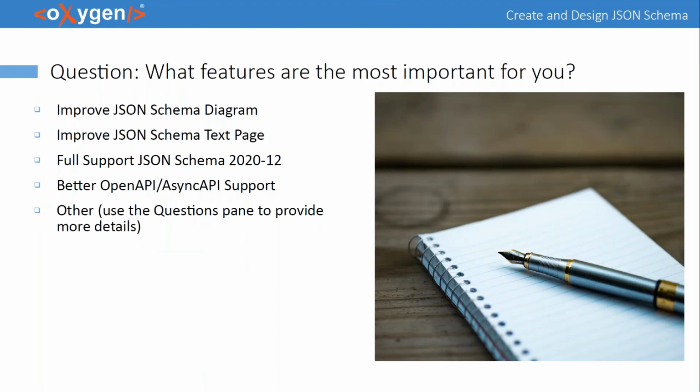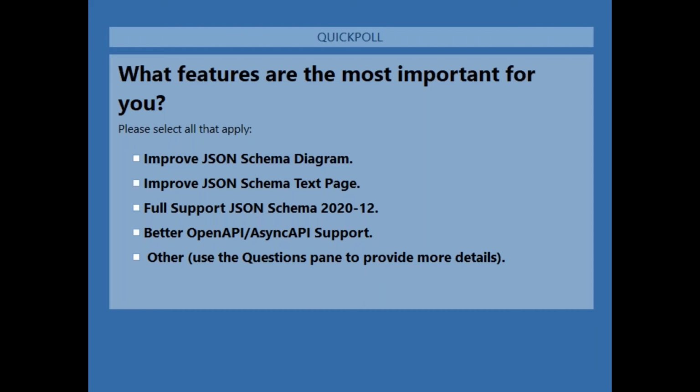I have a question for you here. Which of these are the most important for you? The answer is improve JSON schema diagram, maybe add some actions, or improve the JSON schema text page in case you are using the text page to edit JSON schema, or full support for the latest version, or maybe you want better OpenAPI Async API support, or if you have other suggestions, you can use the questions panel and provide the answers there.